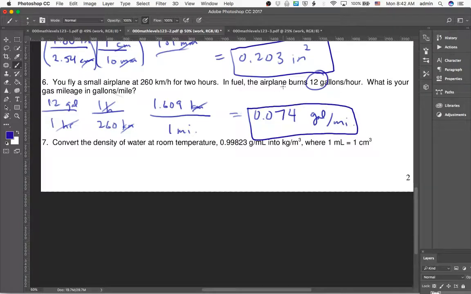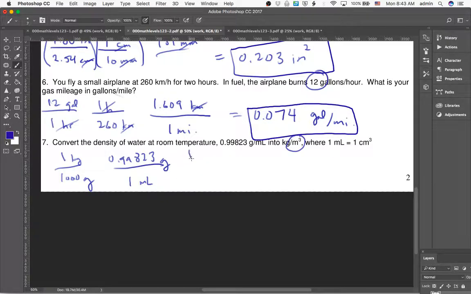Okay. Now the density of water at room temperature, this into kilograms per cubic meter. So I know that in 1 kilogram there are 1,000 grams, and I have 0.99823 grams in 1 milliliter. Now I want to convert milliliters to cubic meters.